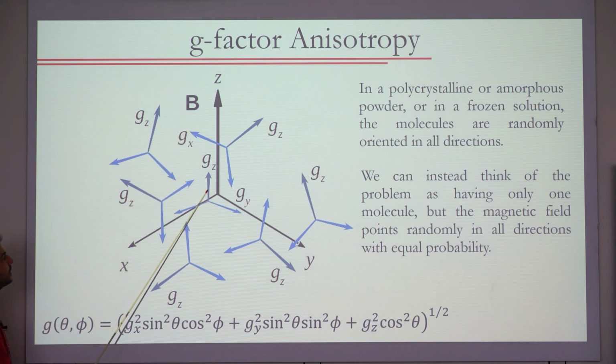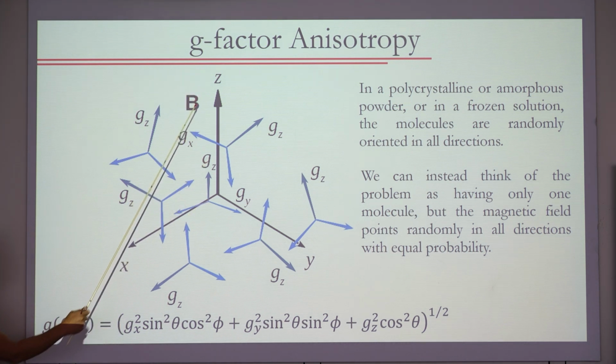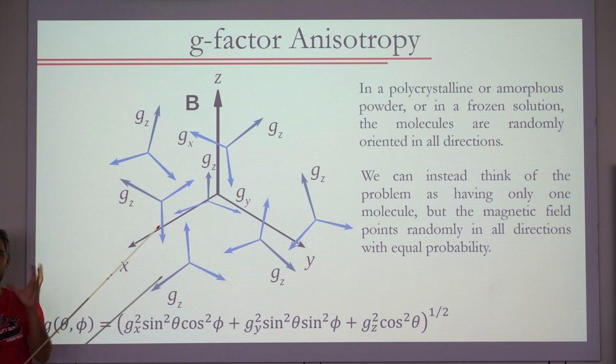The magnetic field is in the z direction, and the molecules are oriented in all directions. So we can think of the problem the other way around: we have one molecule oriented in one direction, but our external magnetic field will be oriented in all directions equally. It's a way of changing the perspective of the problem.